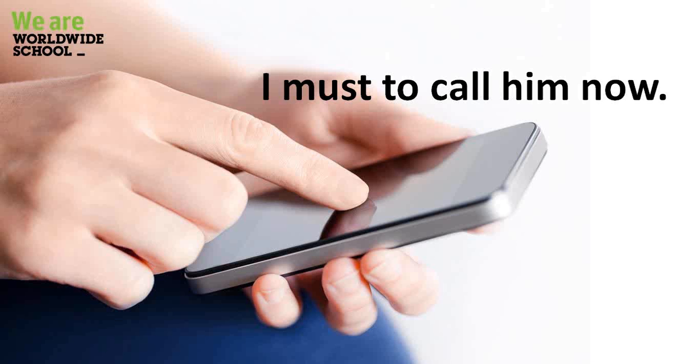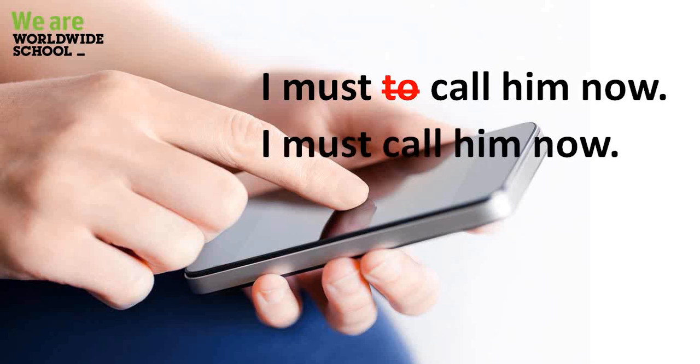Okay, let's have a look at this. I must to call him now. What's wrong with that? All right, I see answers coming up already. Okay, good. All right, so now we're taking a look at what's wrong with this. There is one thing which is wrong here. It's this to right after must.